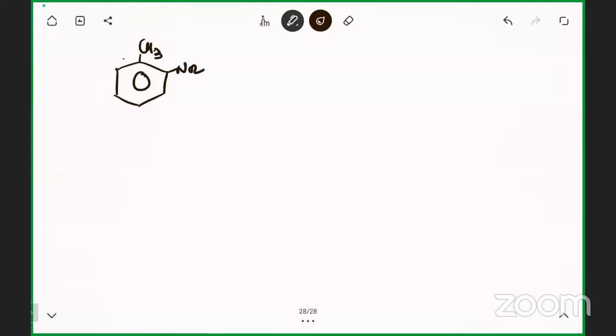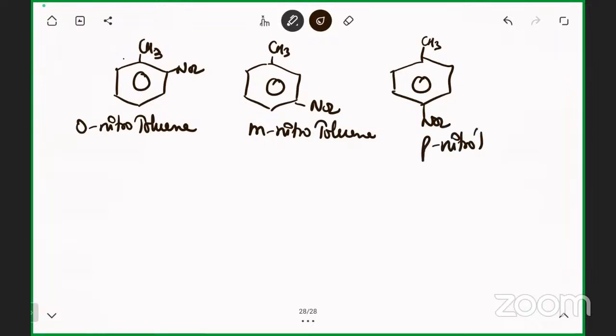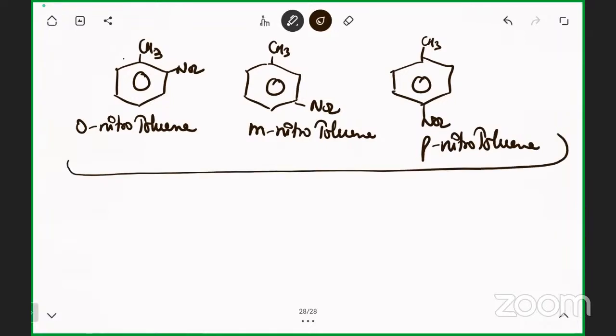Here we have CH3 and NO2: orthonitrotoluene, then metanitrotoluene, then paranitrotoluene. All three have the same molecular formula, one CH3, benzene, and an NO2 group, but the position of the NO2 group is different in all three compounds.